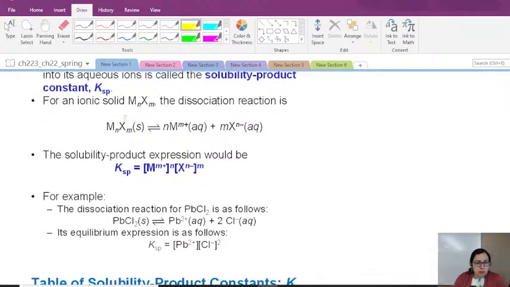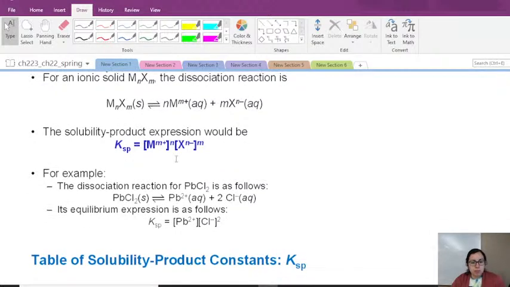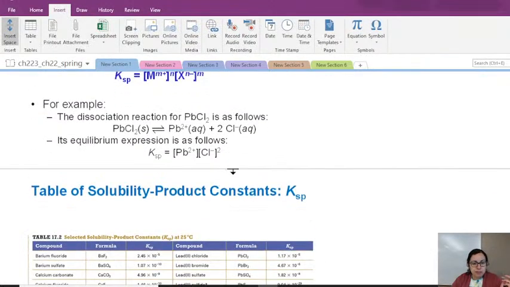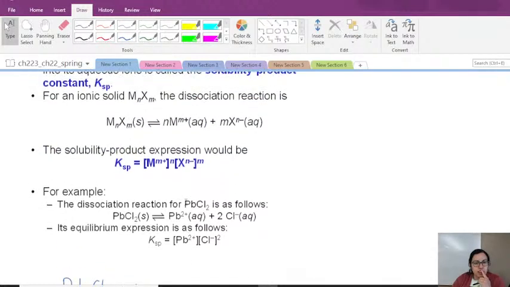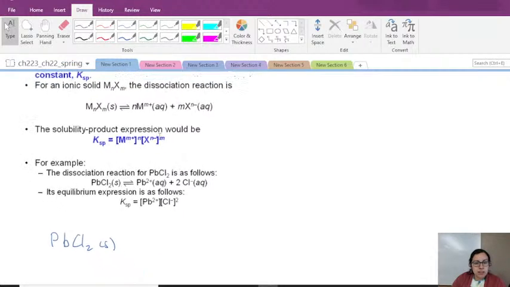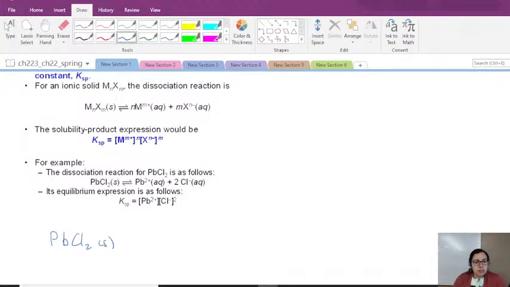You're starting with your ionic solid, and we're looking at the dissociation of lead chloride. So we just start off with our solid lead chloride. Notice we still have our double-headed arrow for equilibrium. Now we're saying a small portion of it is actually dissolved in solution, and we're trying to quantify that exactly.